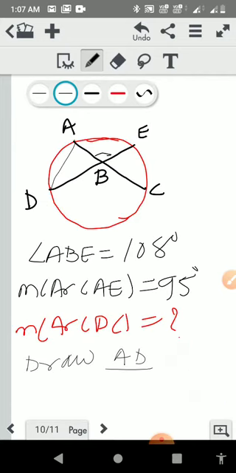As we all know, as per the property of exterior angle, angle ABE is equal to the addition of angle BAD and angle ADB. This exterior angle is equal to the sum of the remaining two angles, angle A and angle D in this case.